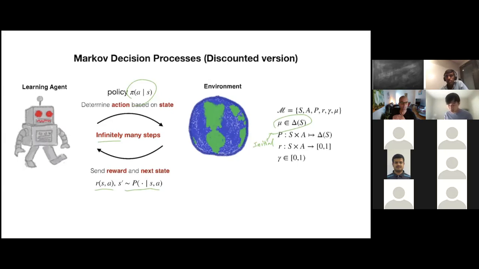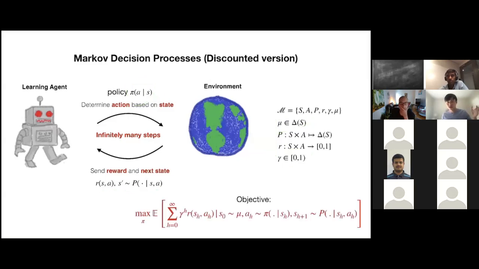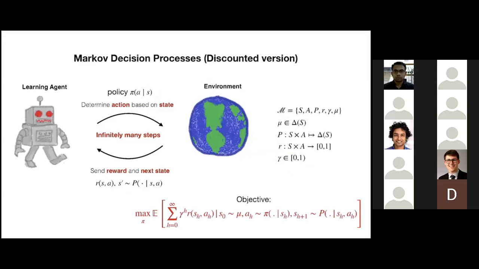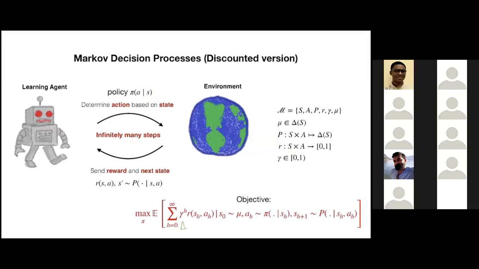Right? And importantly, for this setting, we have a discount factor, which basically says that I'm going to discount the future reward. I'm only going to pay more attention to the current, more recent reward. So in other words, this is the objective function that we care about. The objective function is the expected total discounted reward. Here we discount the reward at time step h by this discount factor gamma to the power of h.